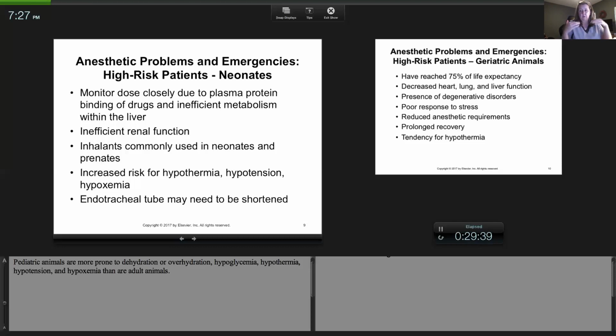When a puppy starts to have low blood pressure, the heart is usually going to pump faster and harder because they don't have the baroreceptors in their blood vessels to compensate. So when a puppy gets a really low heart rate, they tend to have a really low blood pressure. That doesn't tend to happen in adult patients. So in neonates, I watch their heart rate like a hawk, because when their heart rate drops, so does their blood pressure.